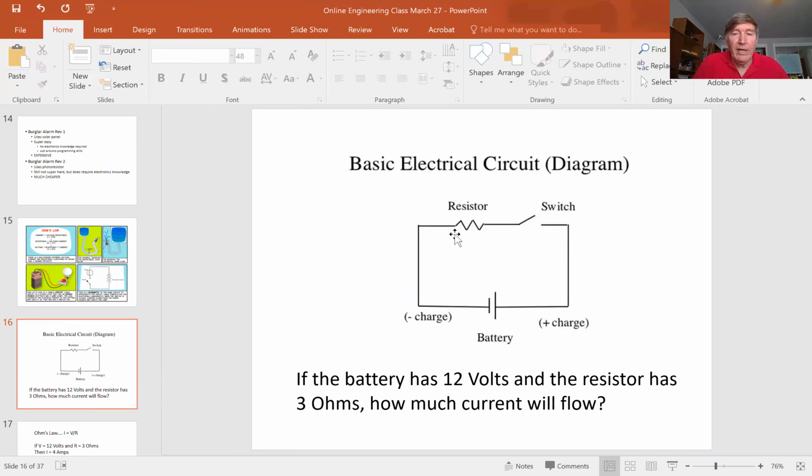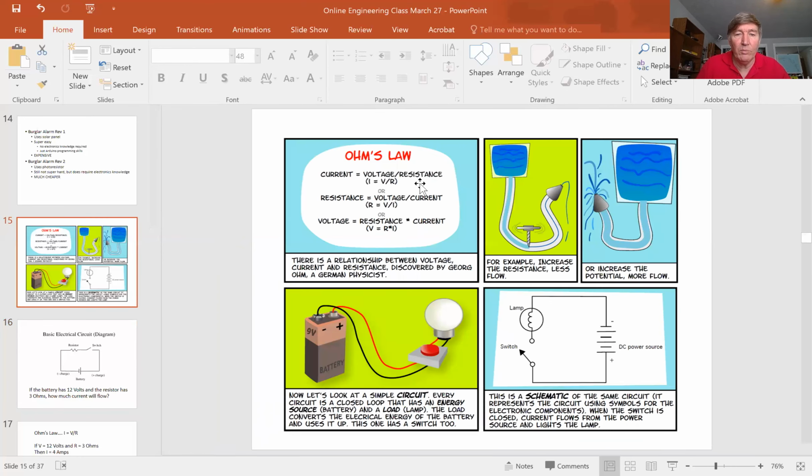Okay, I want everybody to do a little problem here. If we were to take a 12-volt battery and hook it up to a resistor that has 3 ohms of resistance, I want you to tell me how much electrical current is going to flow through the switch. In order to do that, you're going to need Ohm's law.